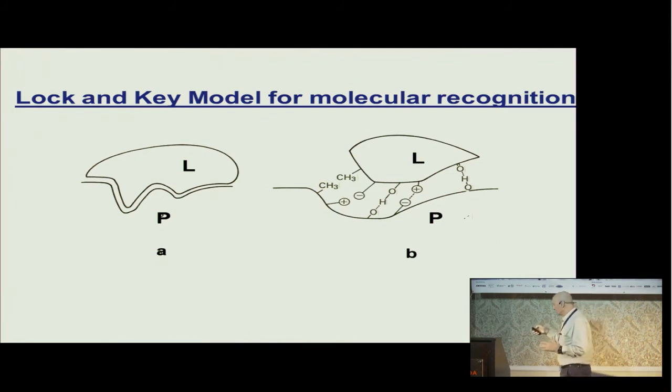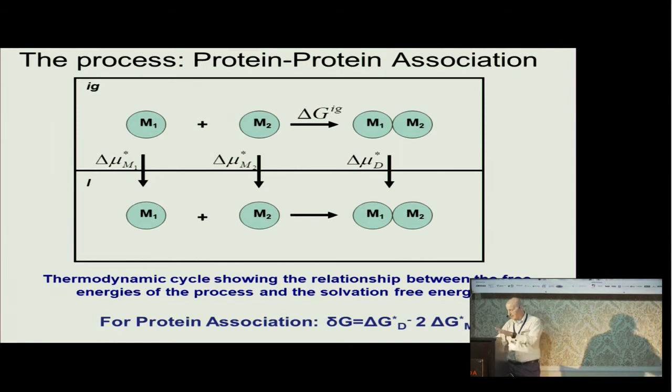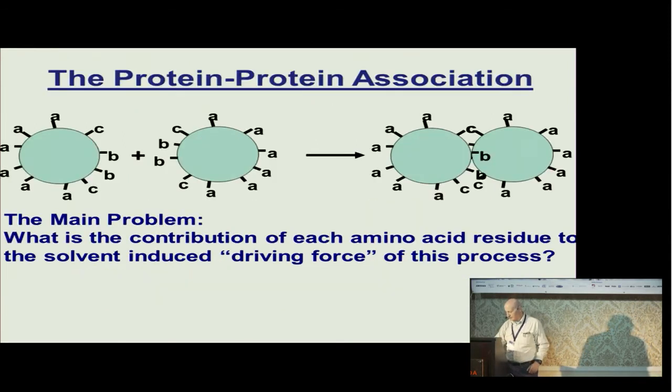So in this case, the lock and key, it doesn't have to be geometrical fitting. It could be a pattern of some kind of functional groups that increase the direct interaction between groups on the ligand and groups on the proteins. Now, all this will change if we have, again, dimerization of two proteins.